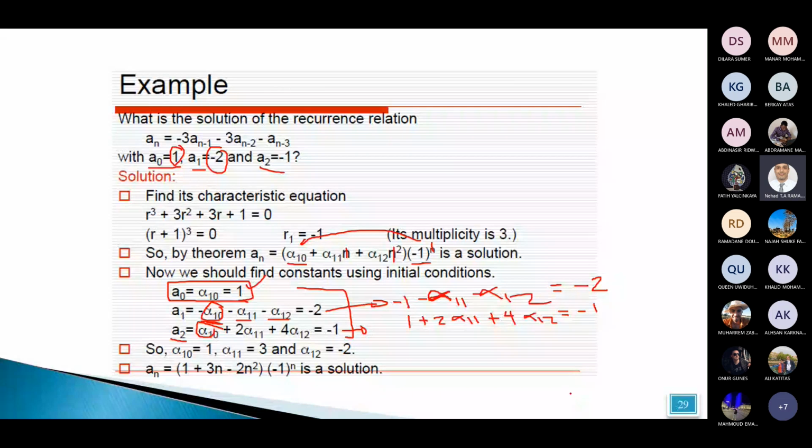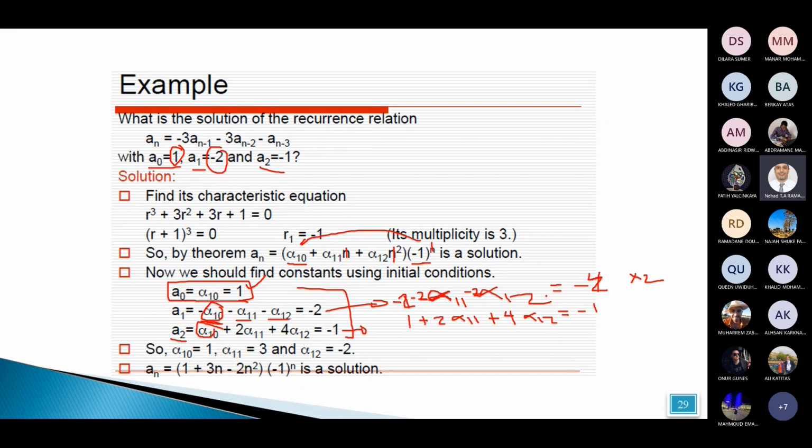Okay, it's easy to solve. We can do it like this. We can, for example, multiply the first one by 2. If you multiply the two sides by 2, it doesn't matter. So this becomes -2, -2α_{1,1}, then -2α_{1,2}, -4.